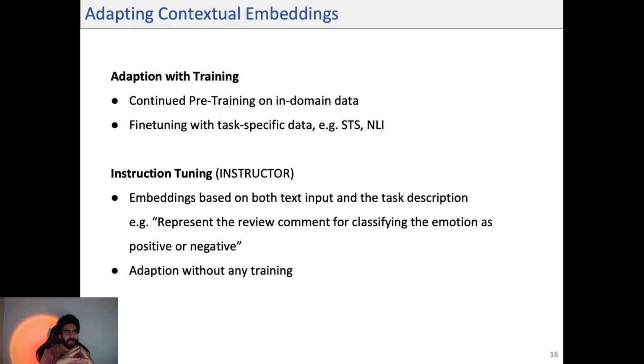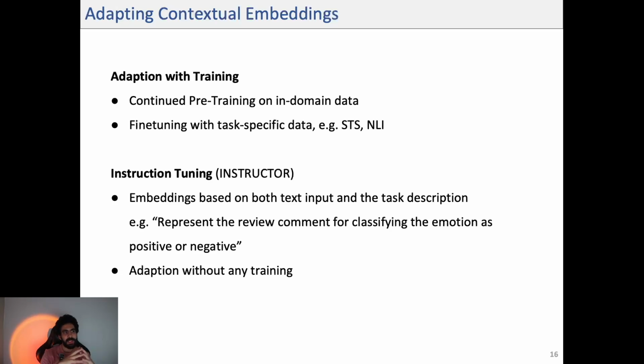Let's now talk about how we can adapt the contextual embeddings to better suit our own use case or data. The first way is to continue training the model on more data, but data that comes from our specific domain. For example, if we're working with medical text, we can do continued pre-training on medical articles or research papers or whatsoever.